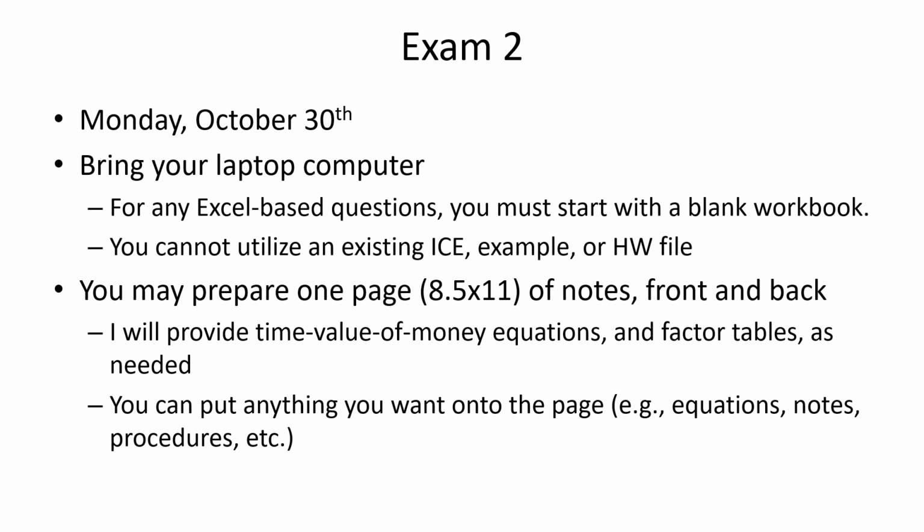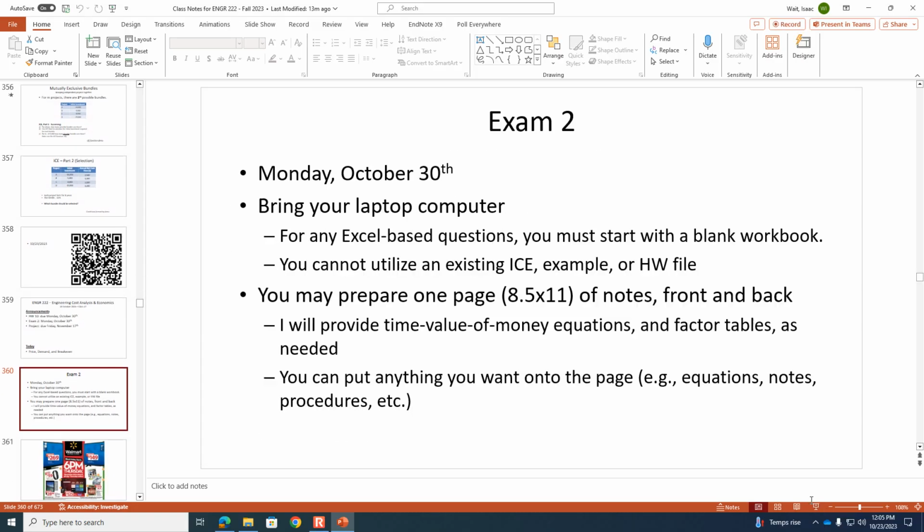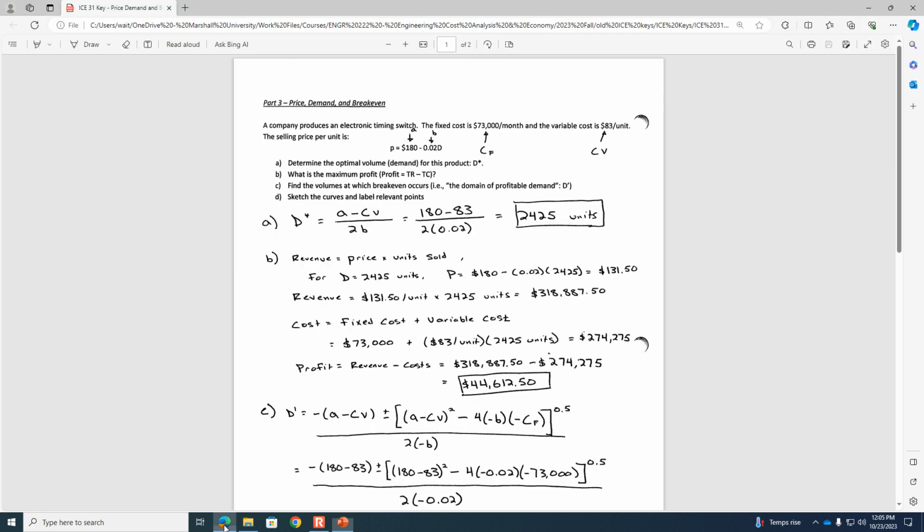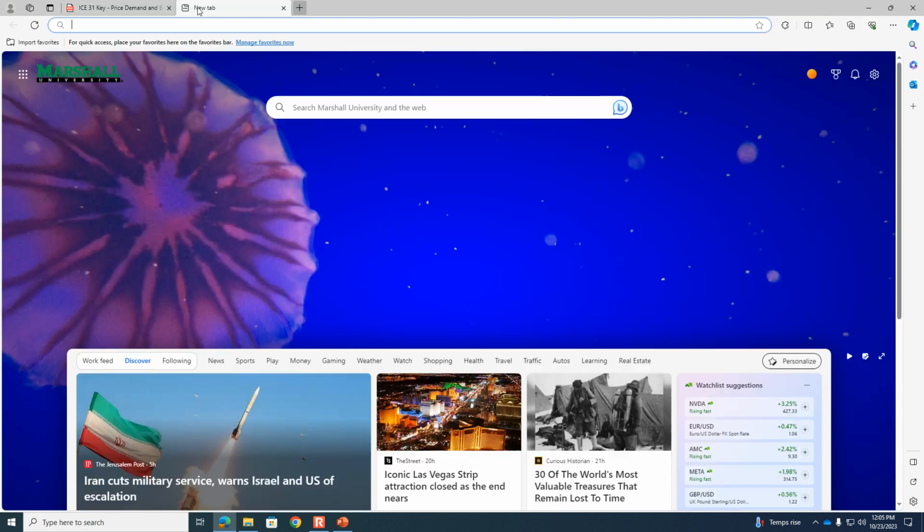Yeah. Which chapters are covered again? Well, let's take a look at the schedule because that's the best way to see what's covered. Homework 7 and up.